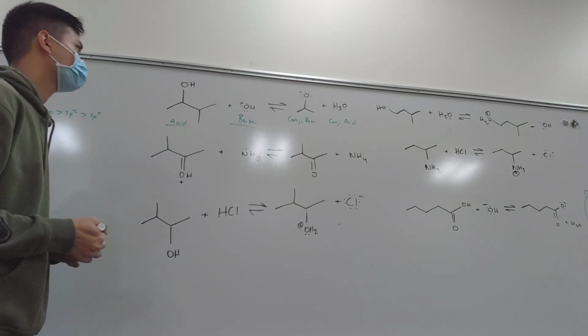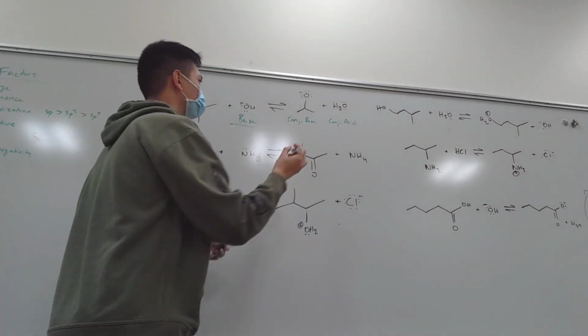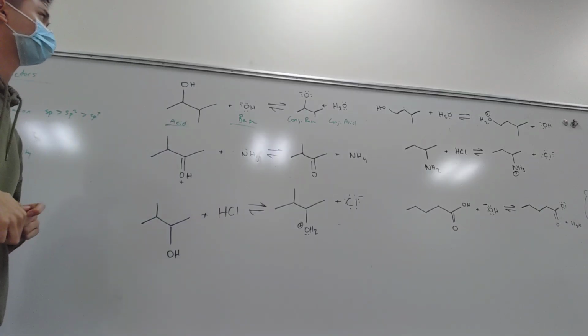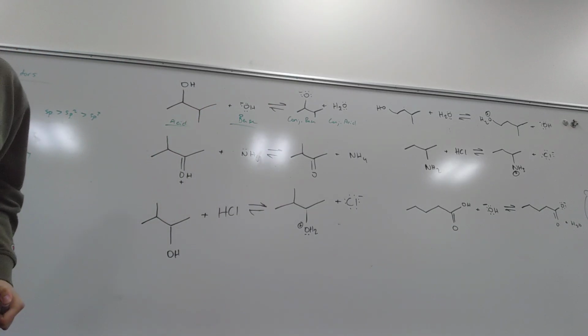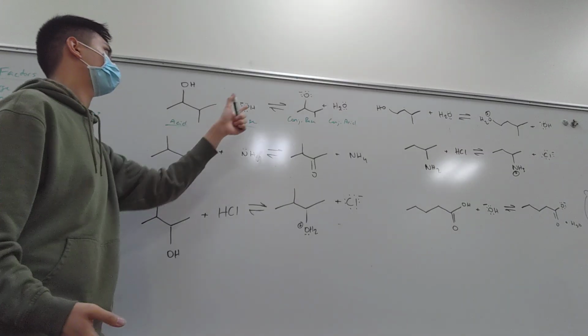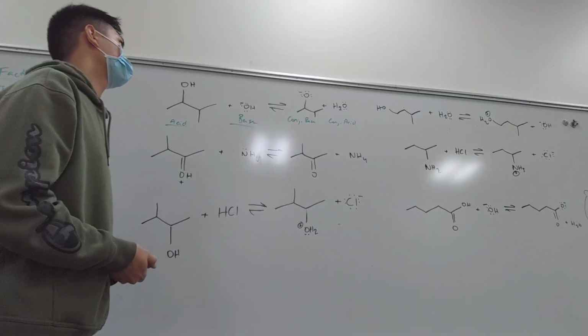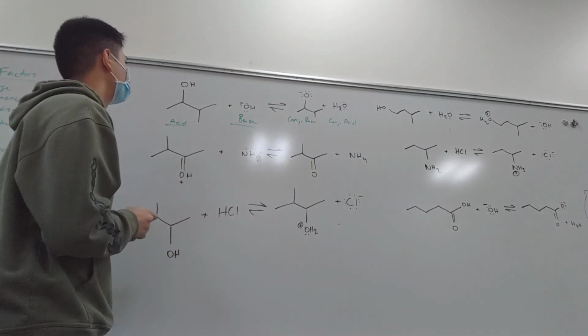So which one's more stable, an alkoxide versus a hydroxide? We can see that the oxygens on both are sp3 hybridized, so we can rule that out.